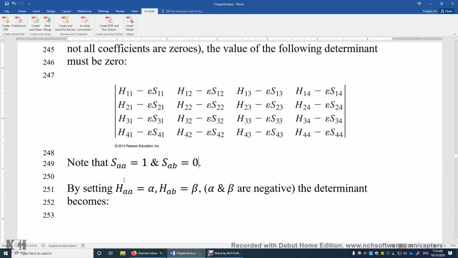This is an approximation. We're just assuming the overlap between the two p orbitals centered on different nuclei is simply 0. And we have HAA equals alpha, HAB is beta. Both alpha and beta are negative. So alpha is simply the 2p atomic orbital energy in a free carbon atom.